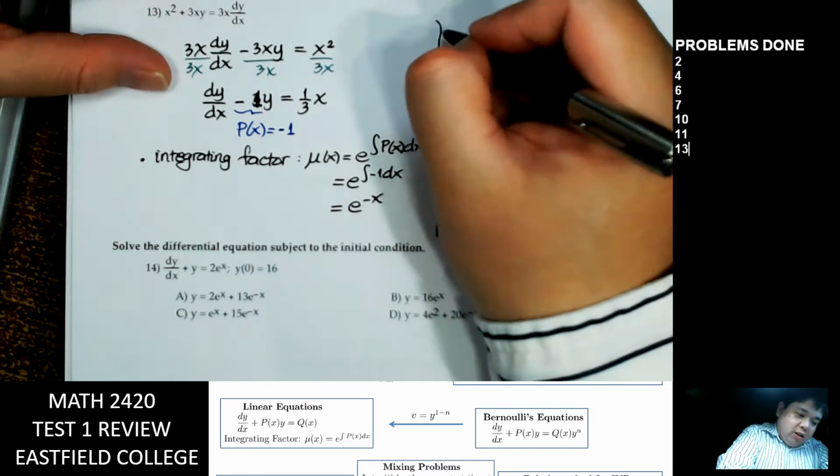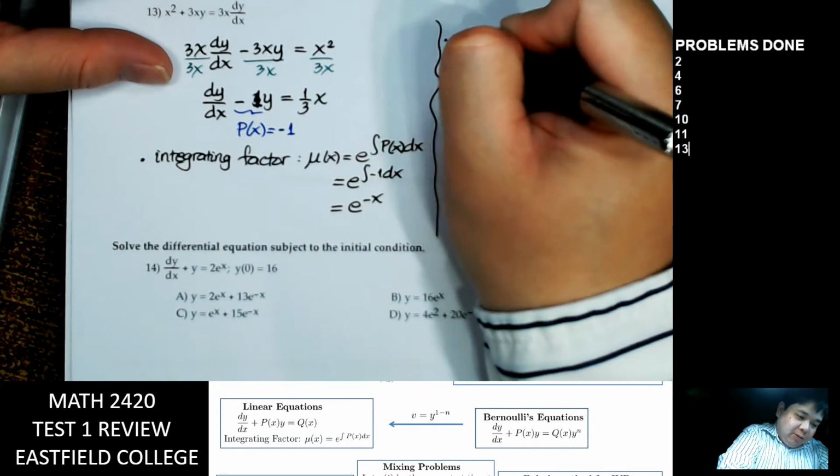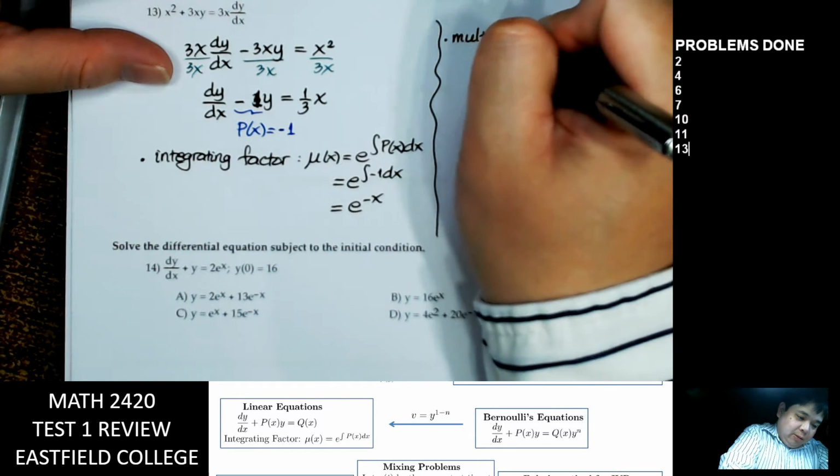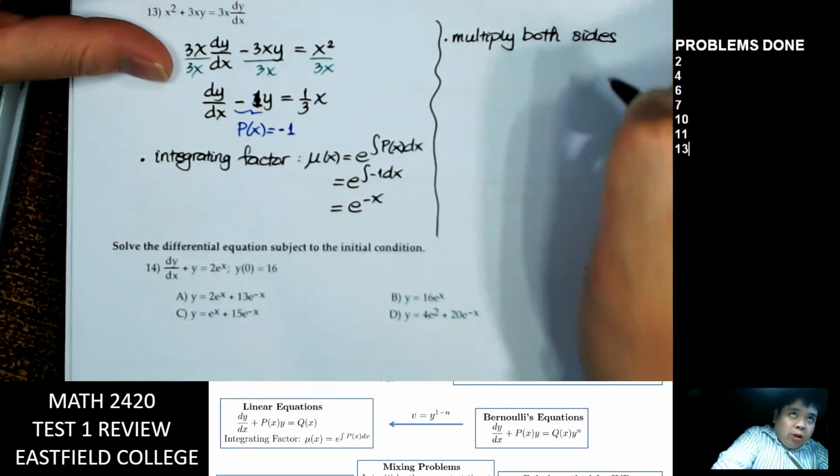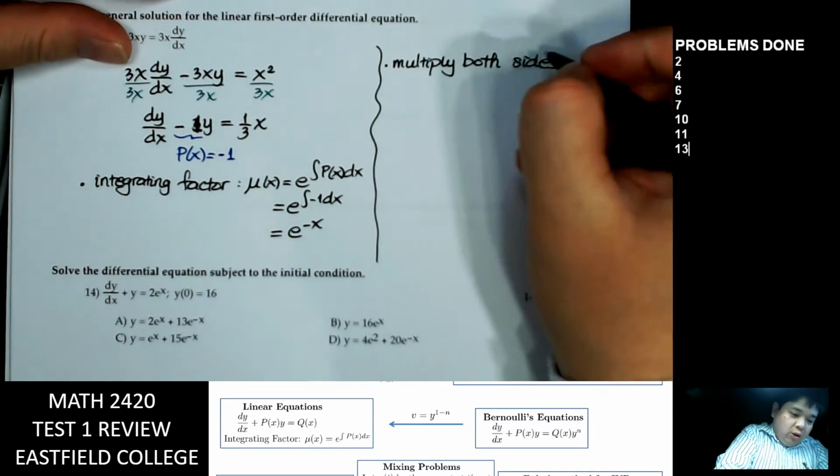Multiply both sides. We multiply both sides by the integrating factor.